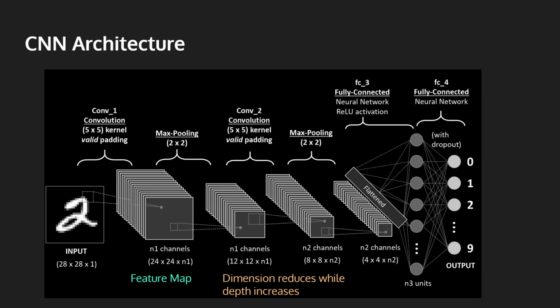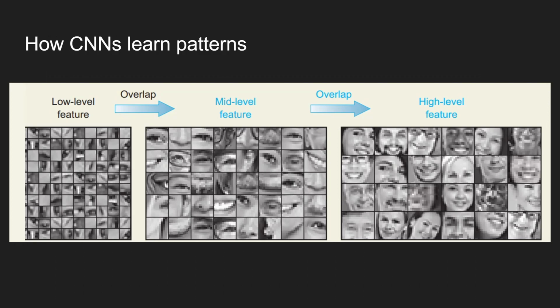Okay. So first, let's start with how CNNs learn patterns, right? In our first convolutional layer, it'll learn something basic, like random, super basic features, and then the further along, we might get something that's recognizable, right?